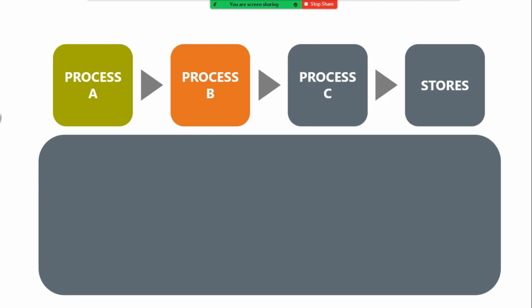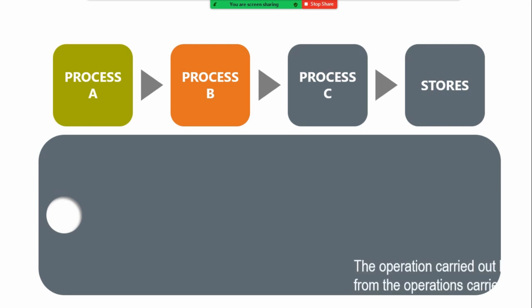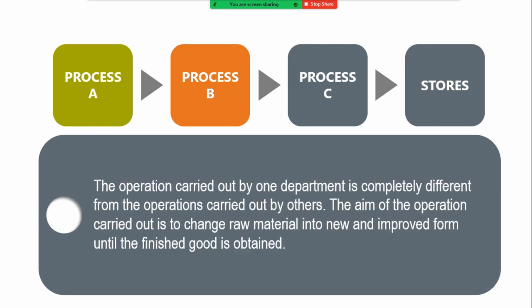Now it means that the operation carried out by one department or by a given particular process is completely different from the operations carried out by the other processes or departments. So the aim of the operation carried out in any of these production processes or departments is to change the raw material into a new and improved form.